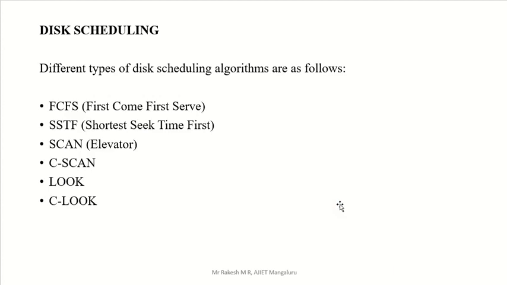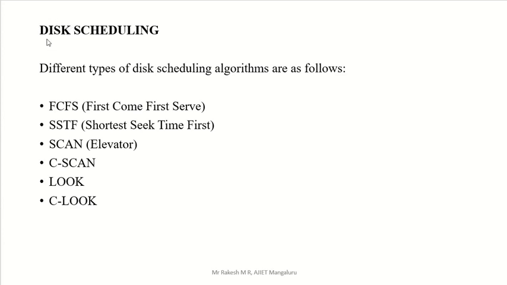Then we come to a very important topic in this fifth module, that is disk scheduling. We saw some process scheduling concepts in the previous modules. Like that, here we look at how you are going to use the disk to store the data.